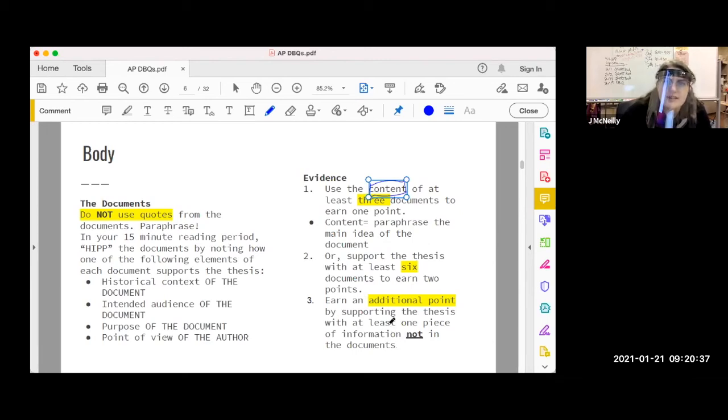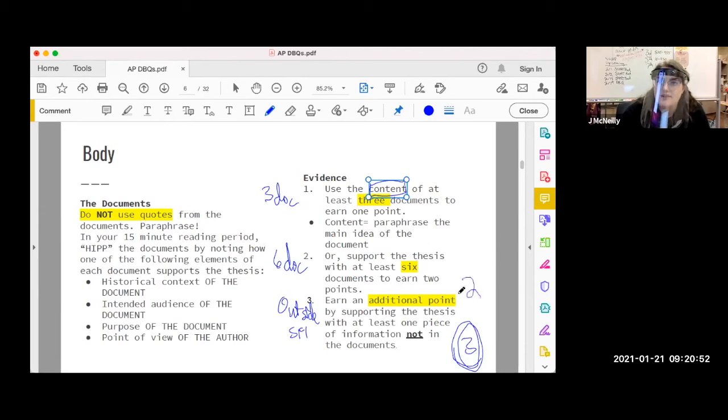Okay, so 3 docs versus 6 docs, and then outside SFI. That is 3 points total. Add that to the 2 points from your intro, and you're already looking at a 5 out of 8. Okay, you're not even including the grammar point and the complexity point and the HIP point. So you can still make a very good score, even if you don't HIP or you don't get complexity.